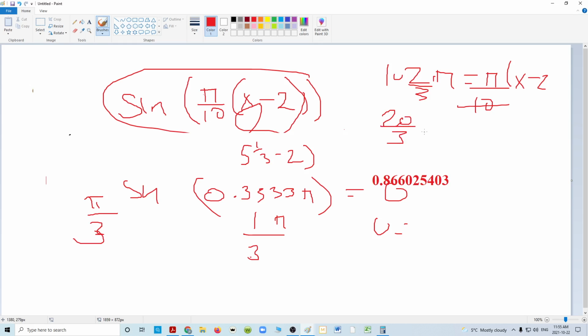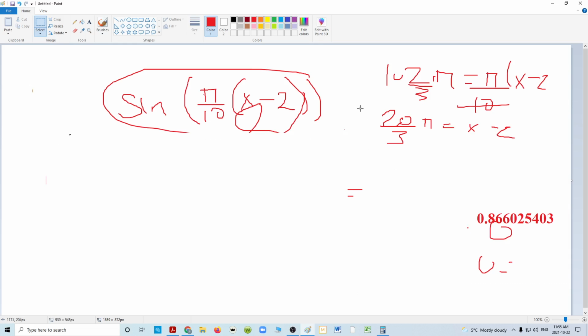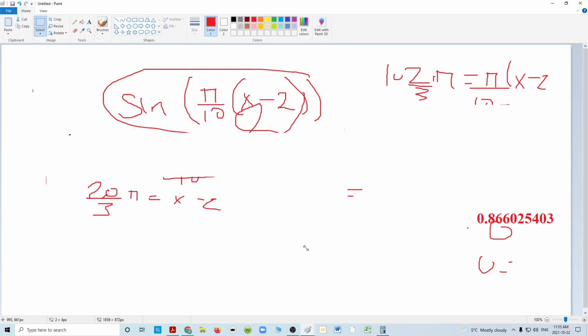That was my mistake, forgetting that I'm actually in radians. Let's continue. Remember, that's the result we're looking for. So x minus 2 is equal to 20 over 3 pi radians.